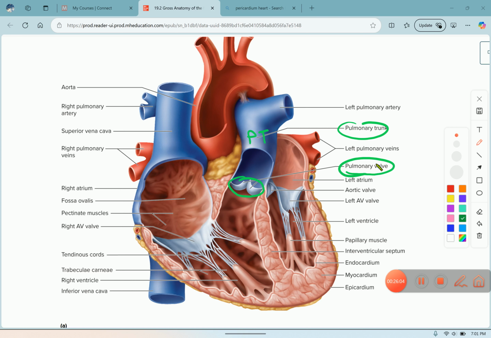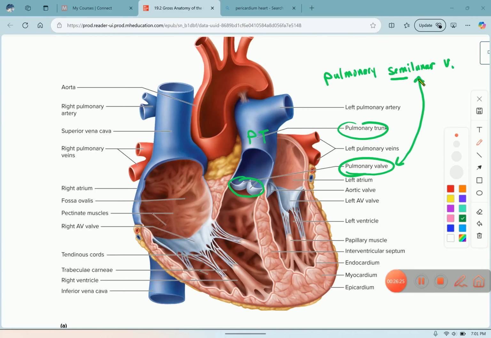The other name for that is pulmonary semilunar valve. So the pulmonary valve has 2 names, pulmonary semilunar valve or simply pulmonary valve.